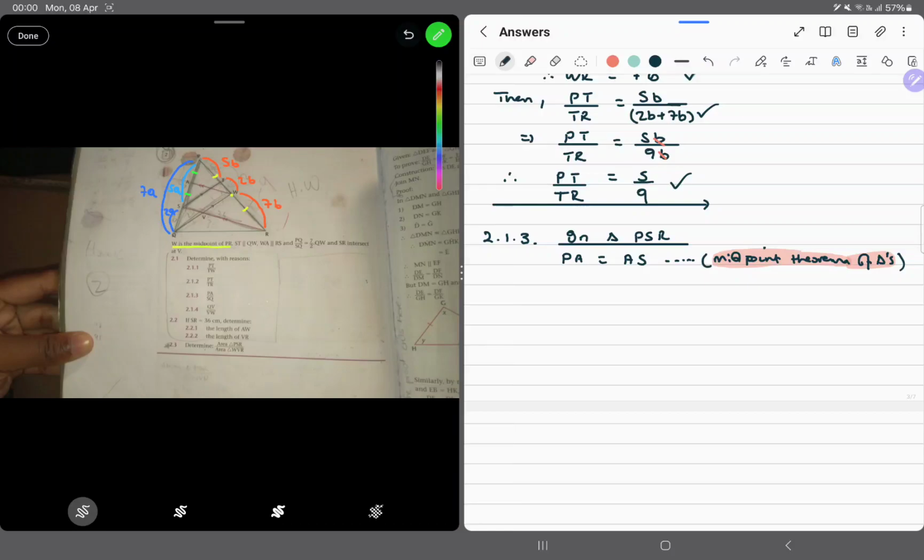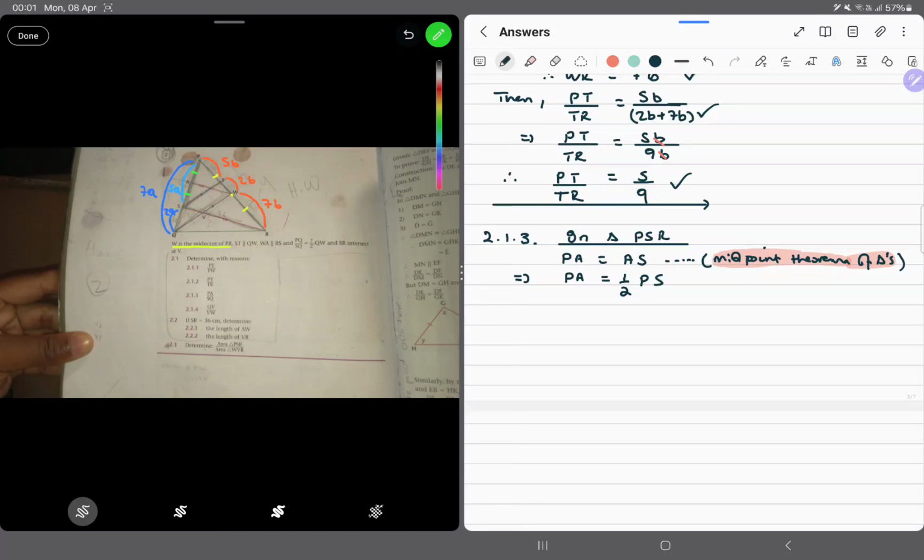Okay, so that is great. So what does it mean? We need PA here. We can say this implies that PA is going to be essentially half the size of PS, because we know that PS is divided in half.